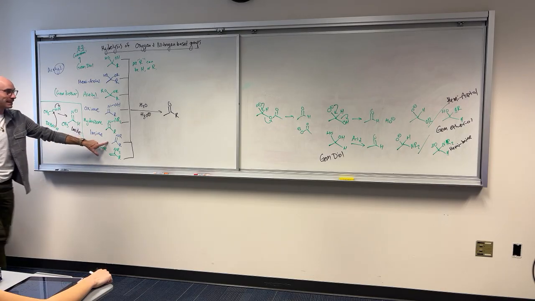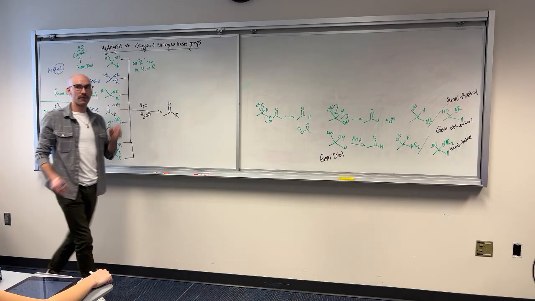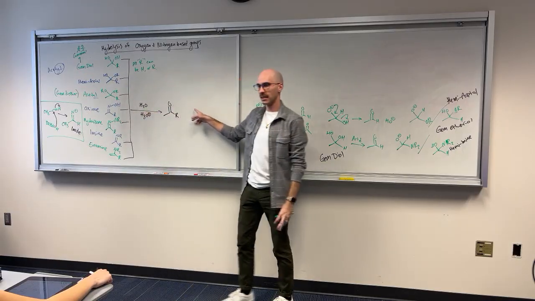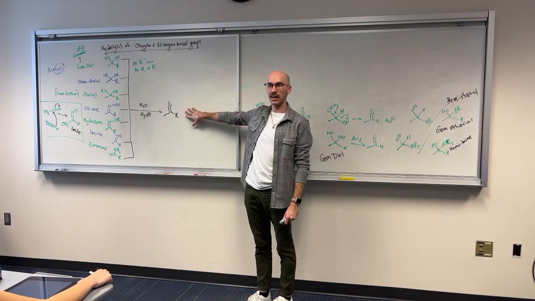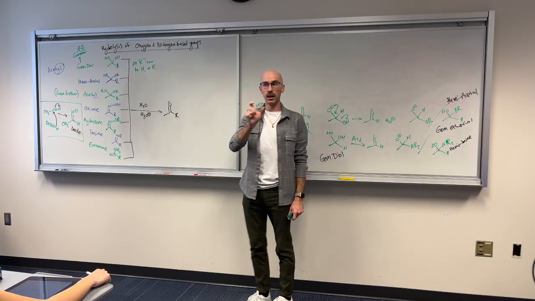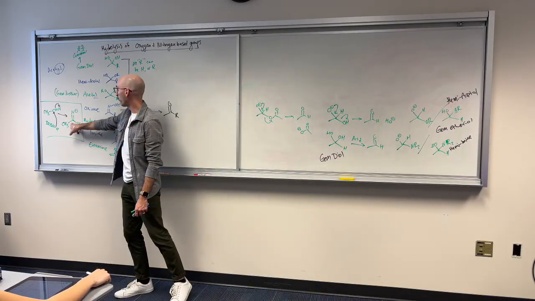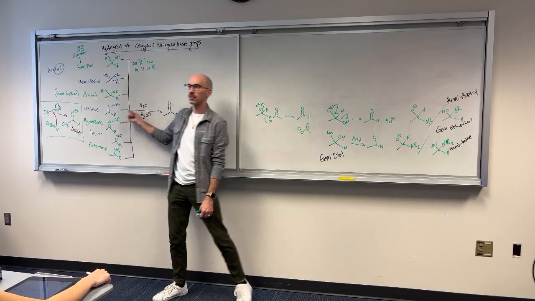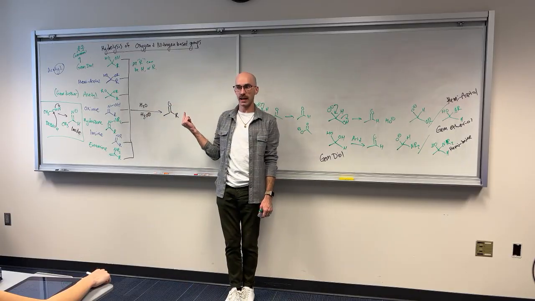And we know that imines get hydrolyzed in acidic conditions back to aldehydes or ketones. So if you reduce a nitrile with DIBAL, you will form an imine intermediate, which then hydrolyzes to the aldehyde.